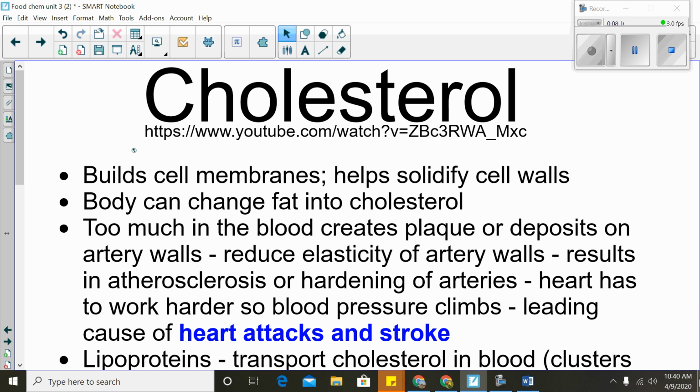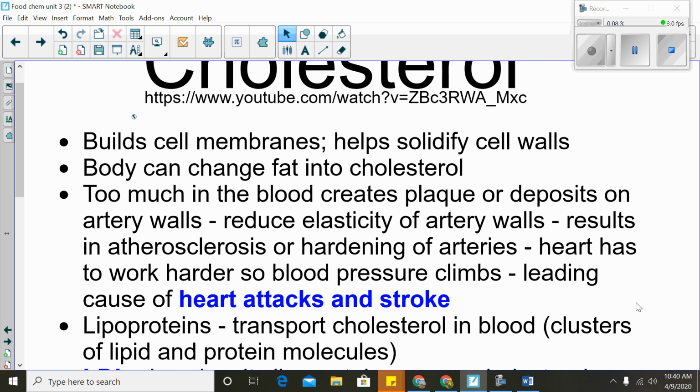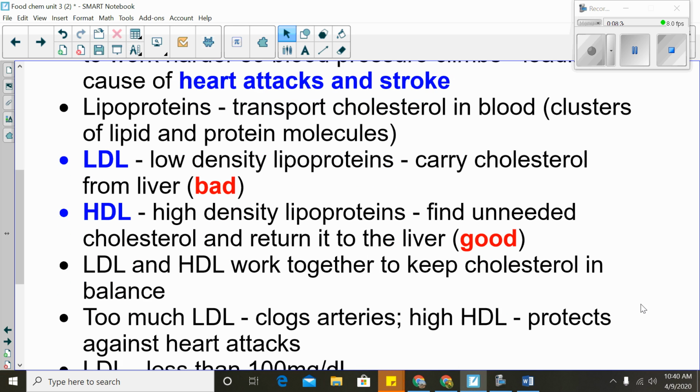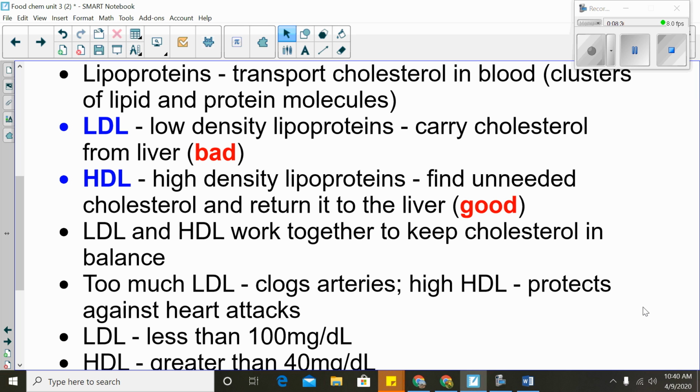You don't want the arteries to be hard because your blood is pumping through there, and you need that blood pumped through for all functions in the body. So if the arteries do harden, the heart has to work harder, blood pressure climbs, and this can lead to heart attacks and stroke. So how can you manage this?